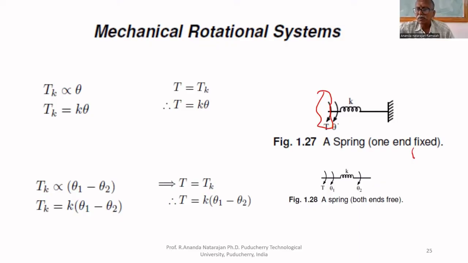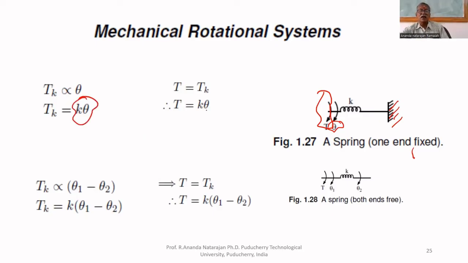The displacement in the spring is theta. One end is fixed. Because of the applied torque, the displacement in the spring is theta. Therefore, the reactional force is k theta.